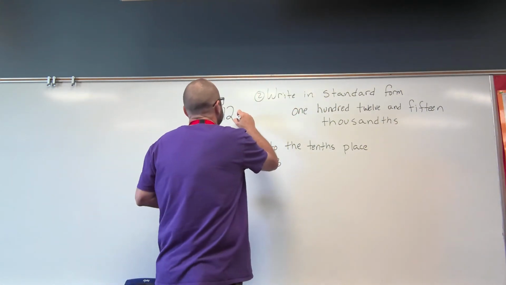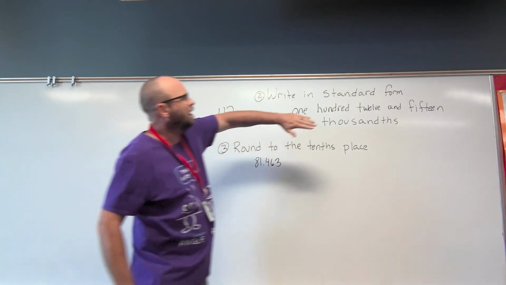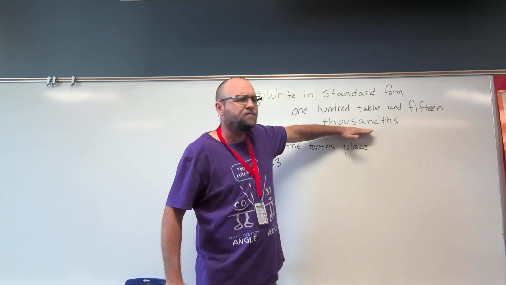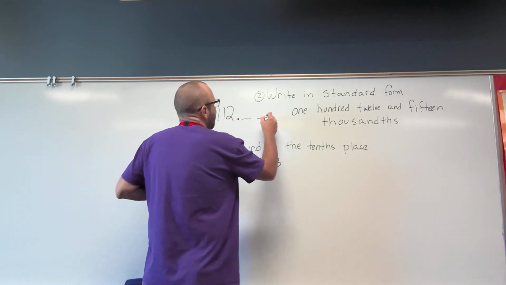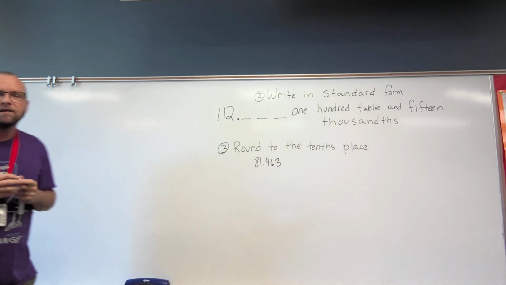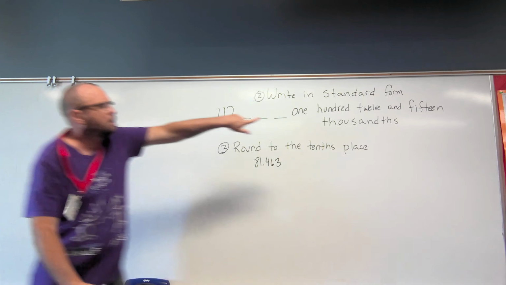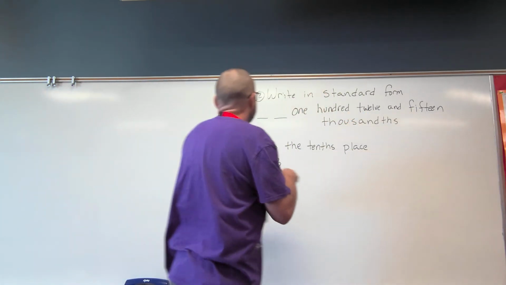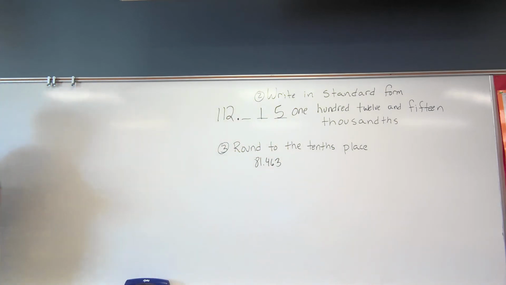Then where the and is, I put my decimal point. Now I look at behind it. What's the last place value it goes to? Thousands. Which means I have to have 3 digits behind it. And what does my number behind it have to say? 15. So the 5 has to be in the thousands. I can't just leave that blank.